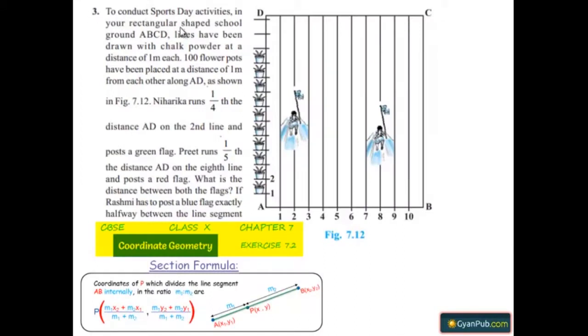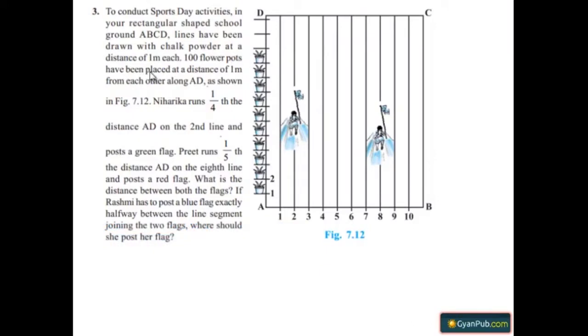To conduct sports day activities in your rectangular shaped school ground ABCD, lines have been drawn with chalk powder at a distance of 1 meter each. 100 flower pots have been placed at a distance of 1 meter from each other along AD as shown in figure 7.12.